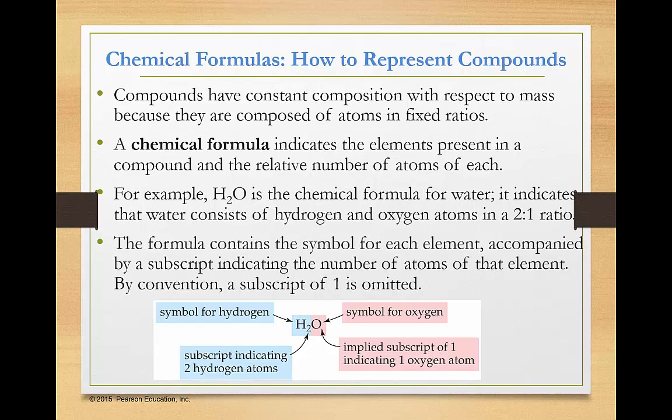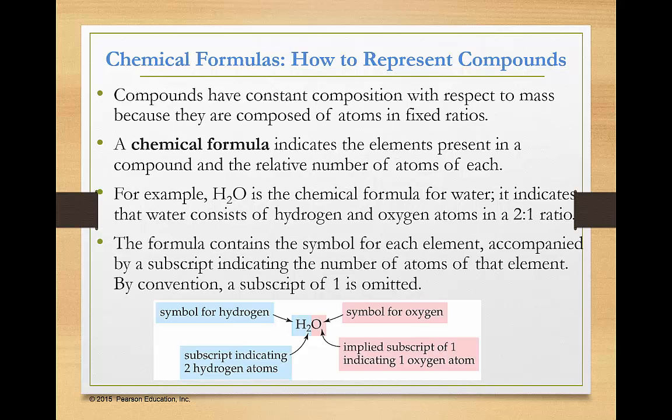We're going to write the symbol for whatever element we start with, and then we're going to use a subscript to indicate the number of those atoms that we have in that compound. So hydrogen, 2 of those. Then we write the symbol for the next element in the compound, in this case oxygen. Now, in this case, we only have one oxygen. We could put a subscript of 1, but it's just implied.